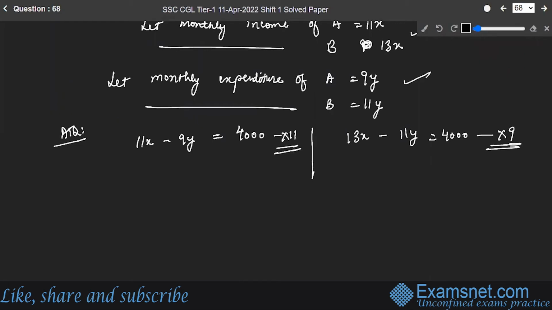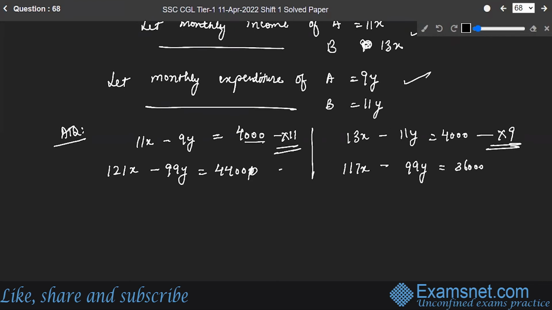So if I'm multiplying this with 11, this will be 121x minus 99y is equal to 44,000. Next, if I'll be multiplying the 13 with 9, you will have 117x minus 99y is equal to 36,000.